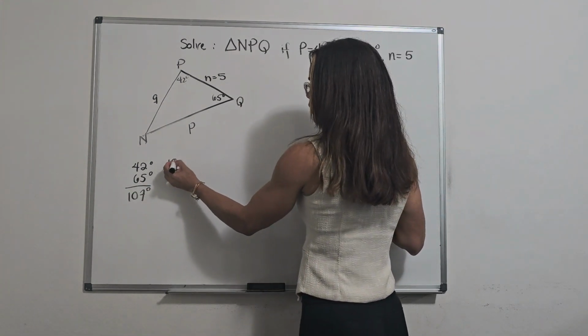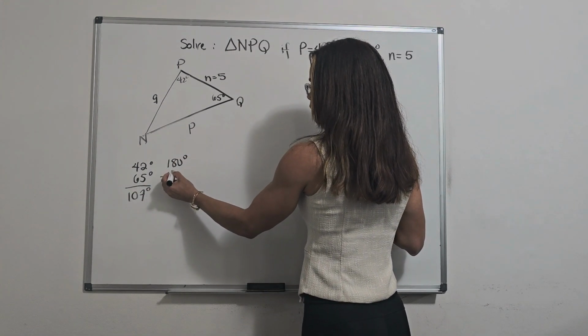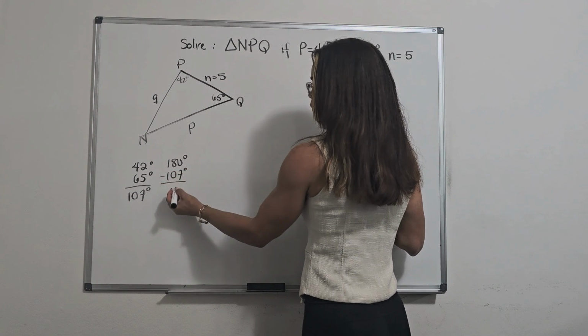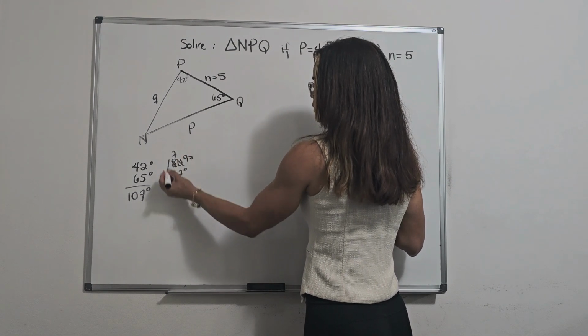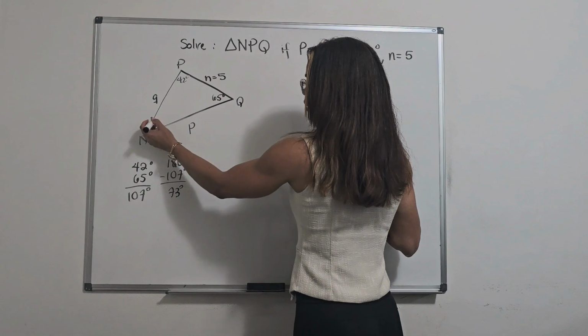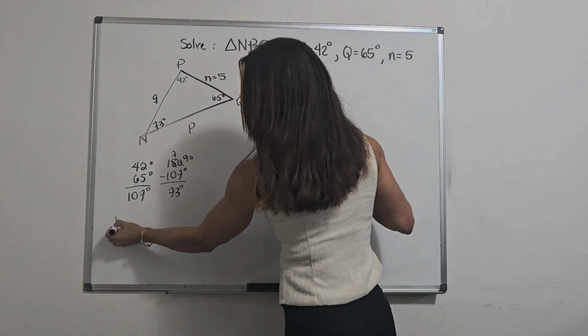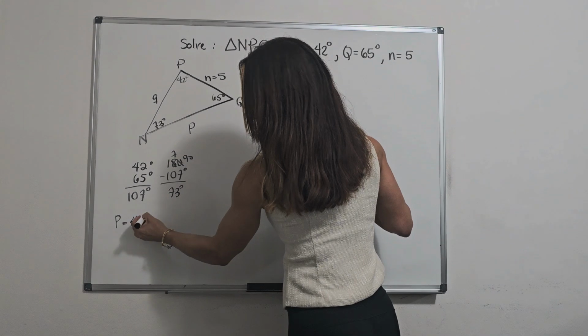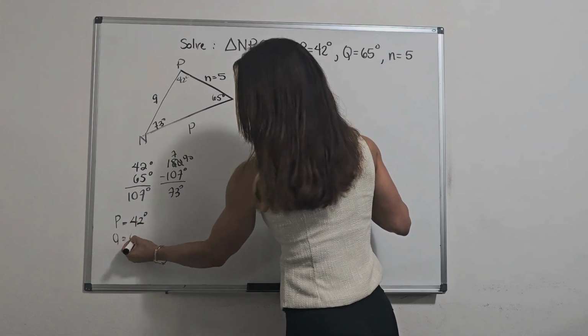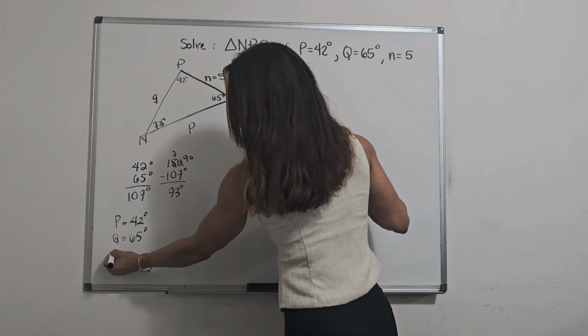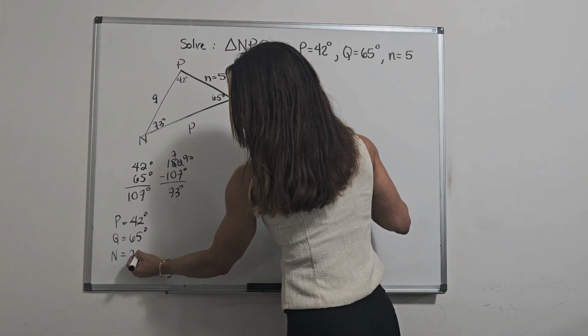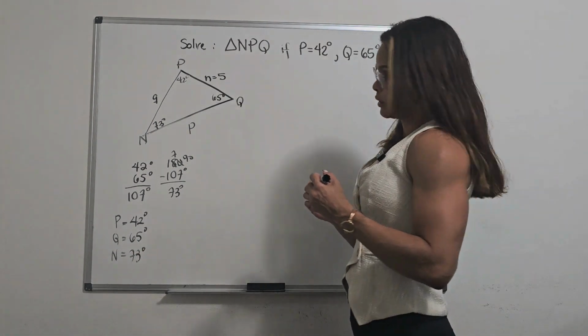If I subtract this 107 degrees from 180, we get 73 degrees, and this is the measurement of the angle N. So P is equal to 42, Q is equal to 65 degrees, and the angle N is 73 degrees.